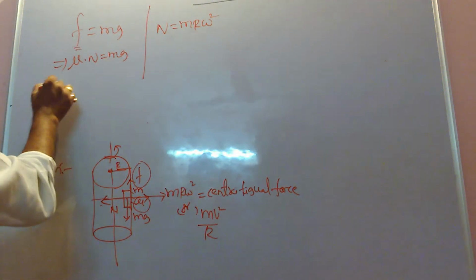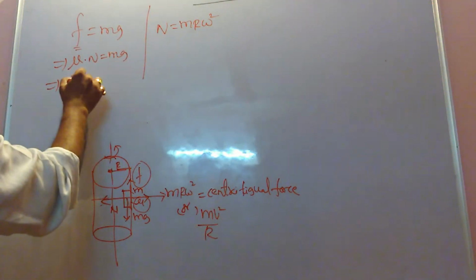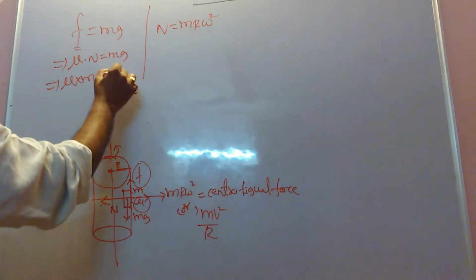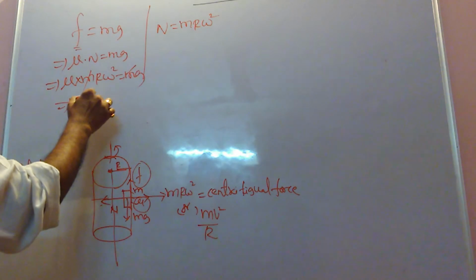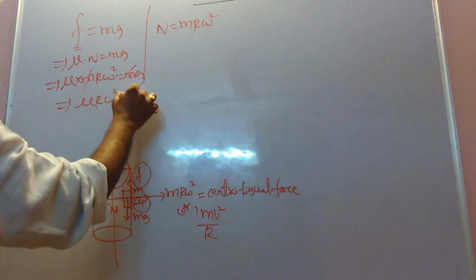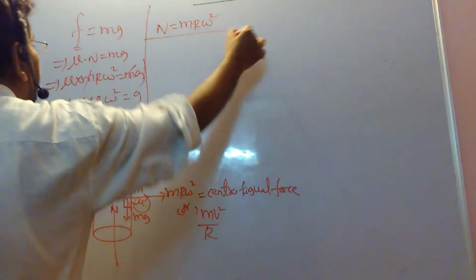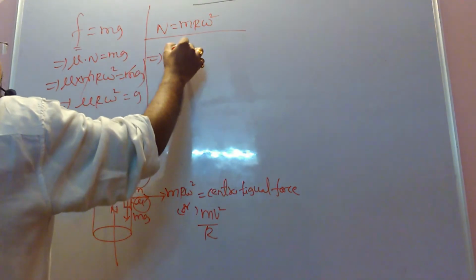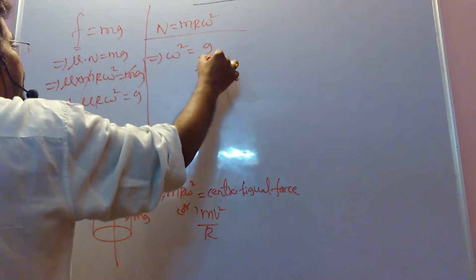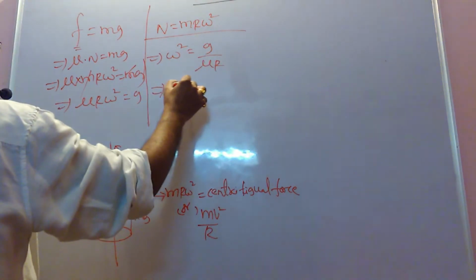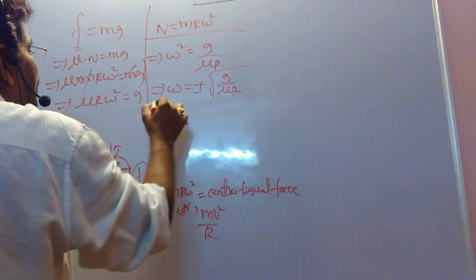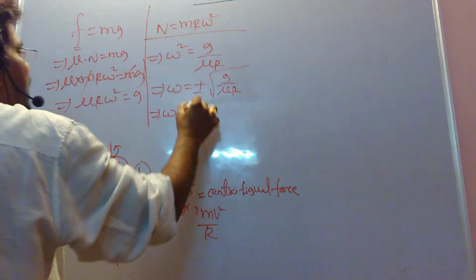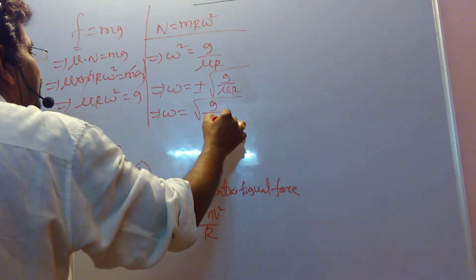So mu into m r omega square equals mg. The m cancels, so mu r omega square equals g. Now omega square equals g by mu r. So omega equals plus or minus square root of g by mu r. Omega is always positive, so we take the square root of g by mu r.